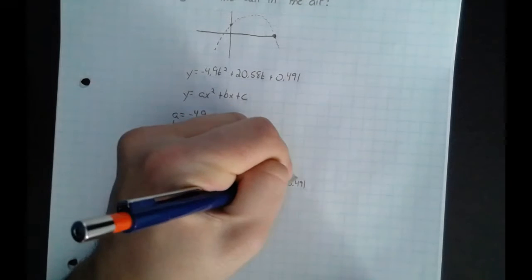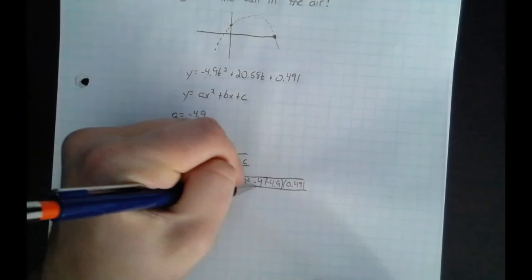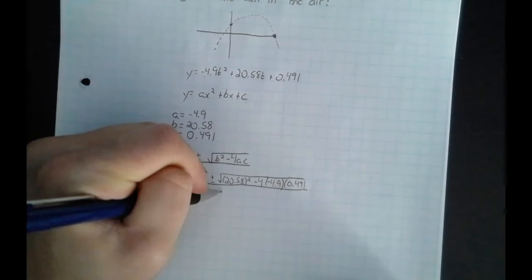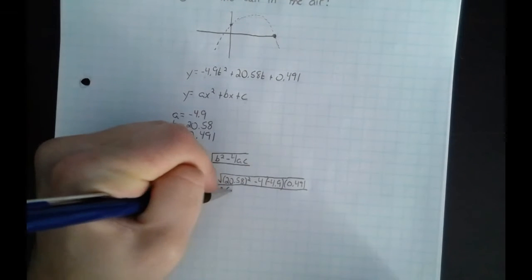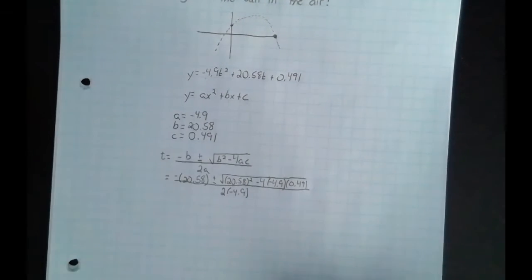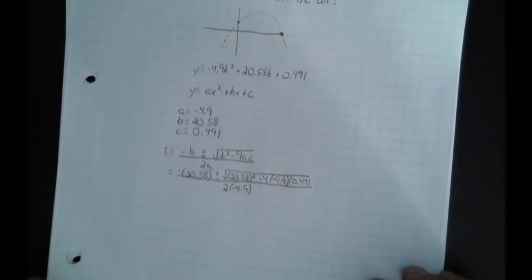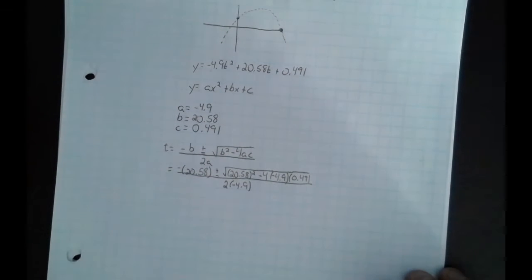And again, that's all over 2 times a, which is negative 4.9.